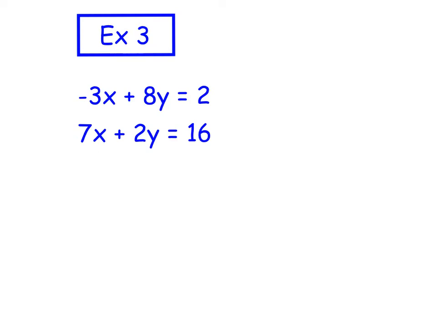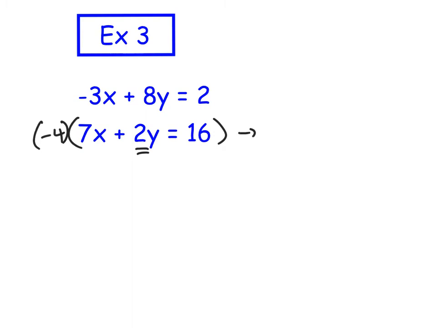So if you notice, 8y and 2y, what I could do is multiply by something so those are the same. So what I'm going to do is multiply this bottom one by negative 4. And the reason I chose negative 4 is because I want that 2y to turn into negative 8y, so when I add them together, now they're going to cancel out.